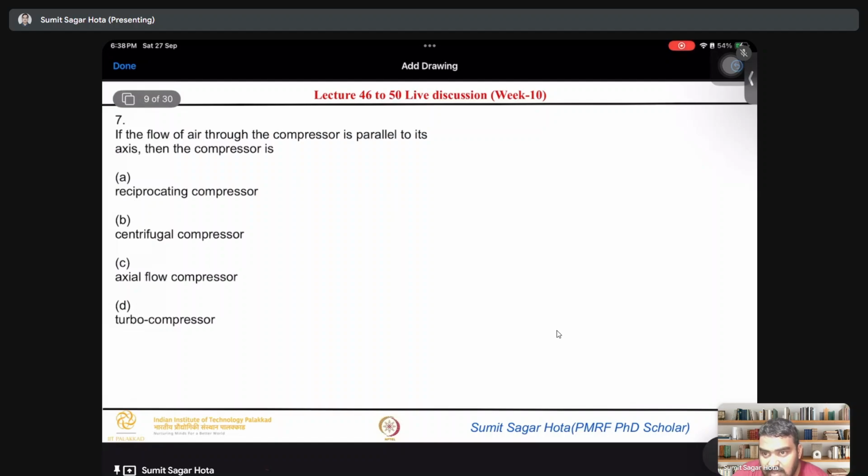If the flow of air through the compressor is parallel to the axis, then the compressor is called what? Axial flow compressor.